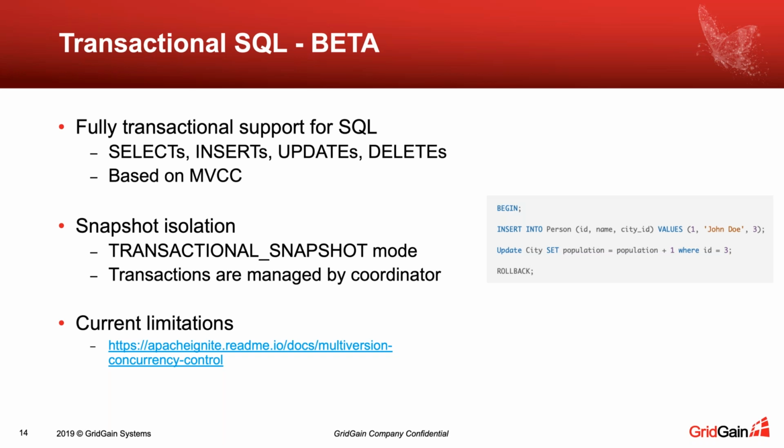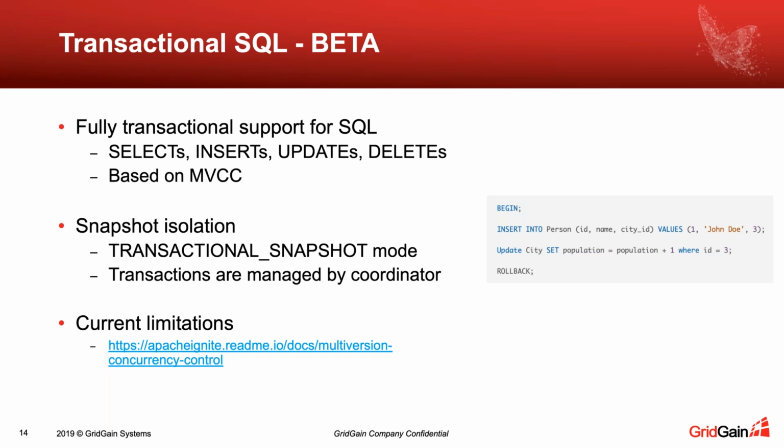However, the SQL gap was pretty impactful, and that's why our community has already spent more than 2 years working on transactional SQL. And right now, at the end of the year in Ignite 2.7, we achieved a huge milestone. We released the beta version of this API.